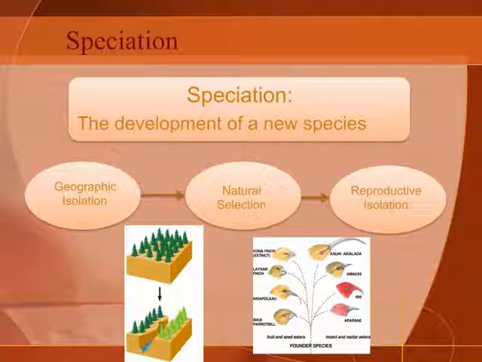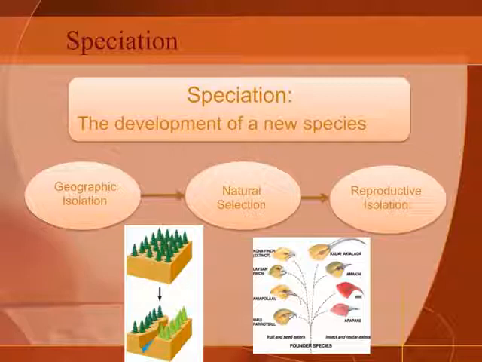The second step is natural selection. Nature selects the individuals that are best adapted for the particular environment. So in the picture of the pine trees, there might be some climatic condition on one side of the canyon that is different from the climatic condition on the other side of the canyon.